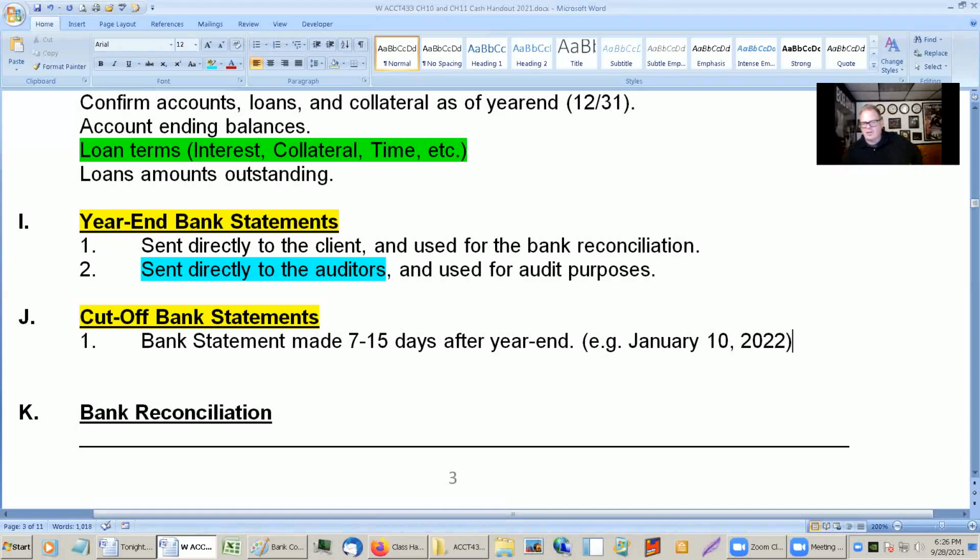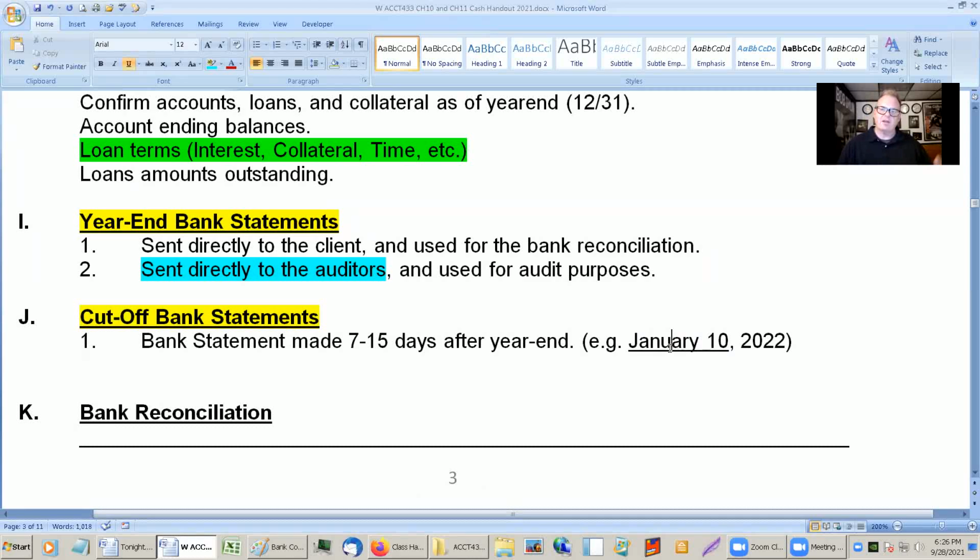For example, January 10th, 2022, have them send another bank statement, but it will only be up until, say, January 10th. Okay, so a year-end bank statement versus a cutoff bank statement, which is only up to a certain date.